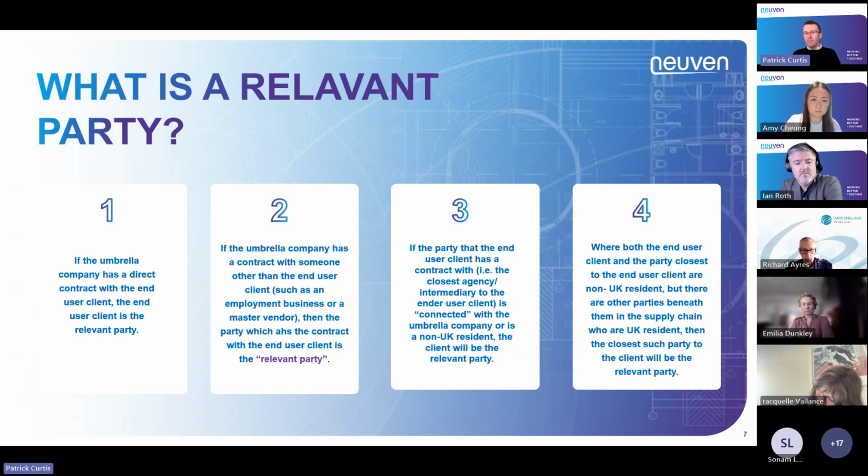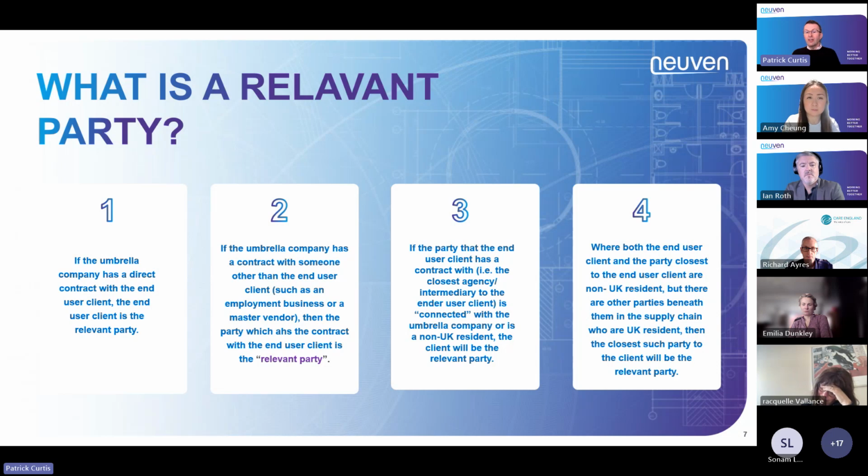One, where you have groups of companies, and where companies are grouped together, i.e., say you have an employment agency that forms part of a group of companies, and actually it has one company in its group that employs all its workers, then the end client is still the relevant party. The legislation treats the group of companies as if it is a single entity. And then there are some provisions around offshoring the intermediary chain.